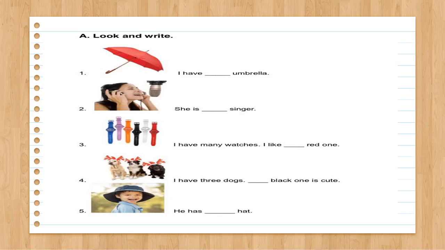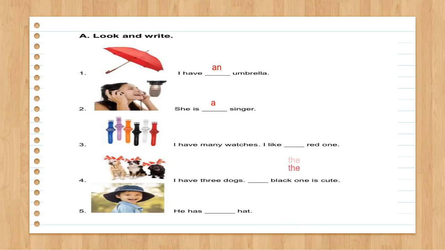Number 1 is "I have an umbrella." Very good. Number 2, "She is a singer," right? You can see here singer starts with the letter S. This one is a consonant, that's why we need to use a. Number 3, "I have many watches.